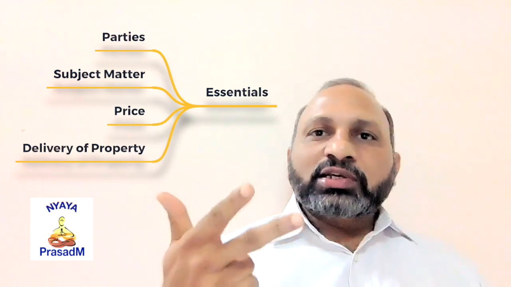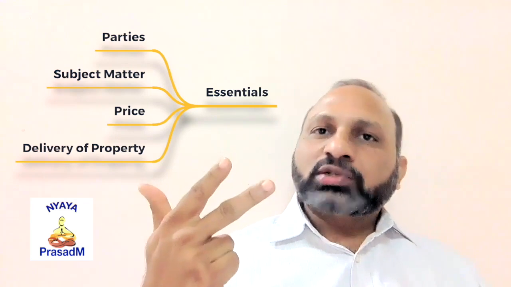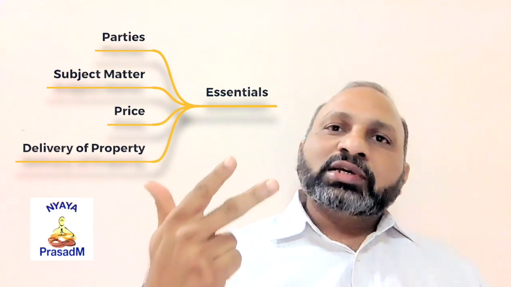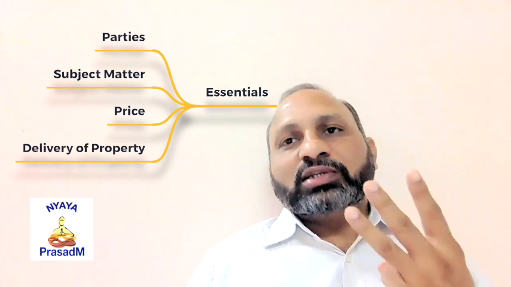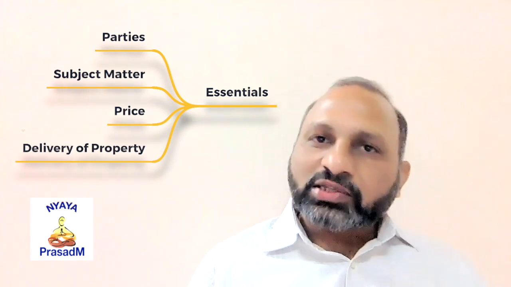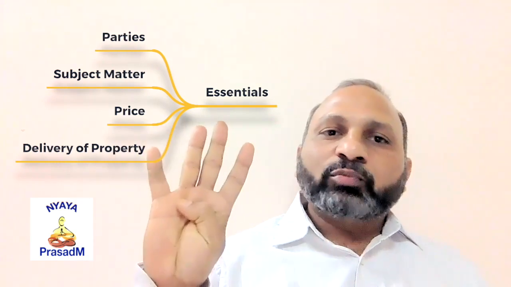The third one is there should be a consideration, there should be a price, without which this is not considered as a sale. And not only these three essentials, the fourth essential for sale is the delivery of property.